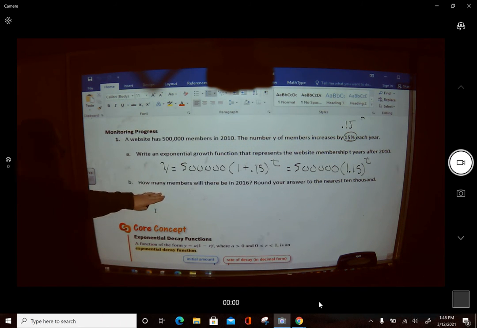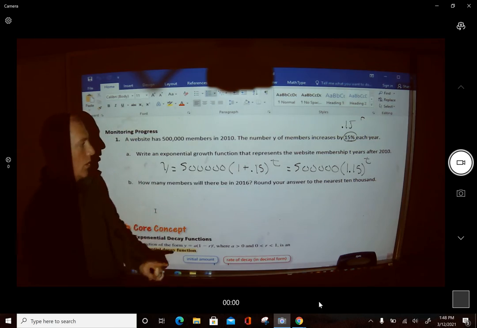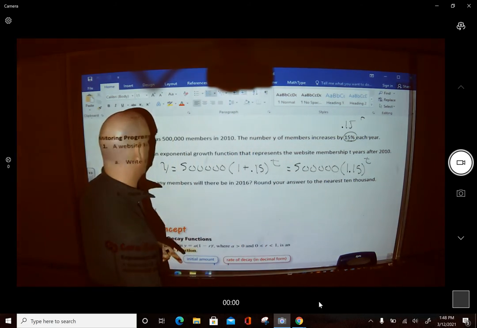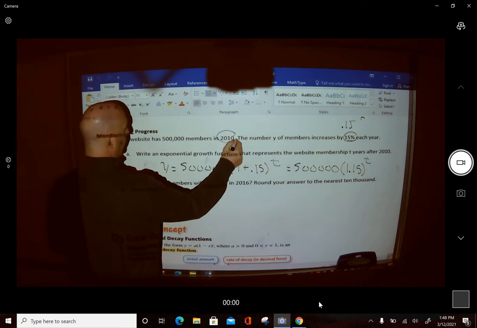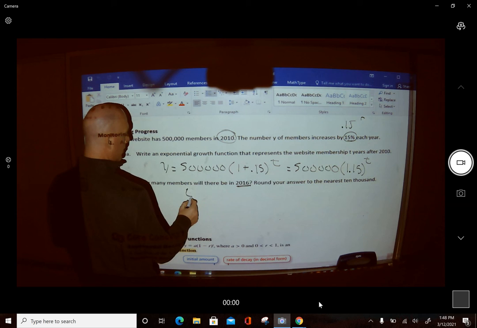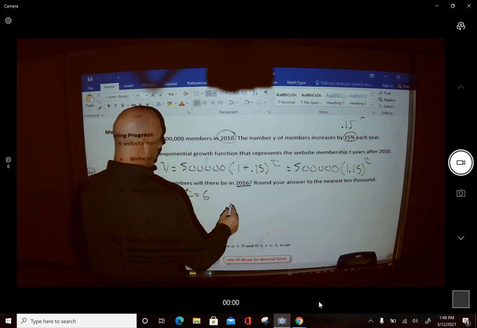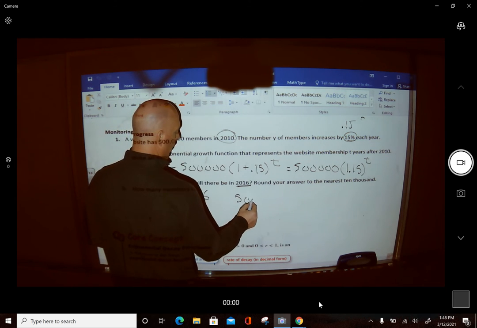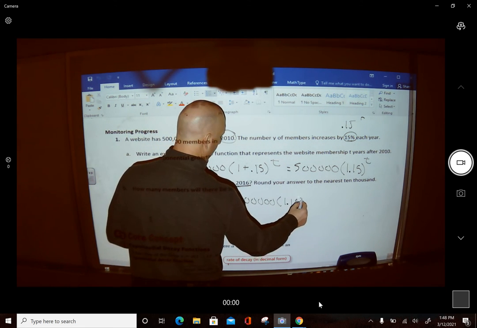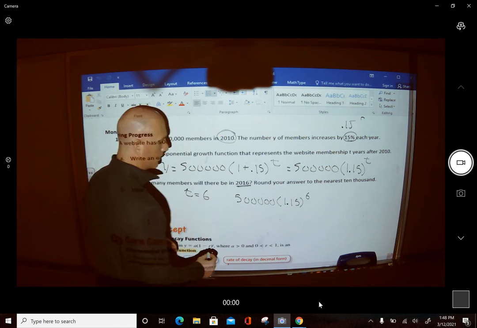How many members will there be in 2016? Remember, t represents how long we've been doing this. Well, if we started in 2010 and we're measuring in 2016, t would equal 6. So all you have to do is go to your Desmos and plug in 500,000 outside of 1.15 to the 6.